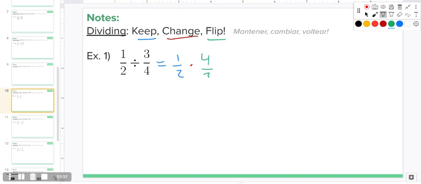So instead of 3/4, it becomes 4/3. Once that's done, we can just multiply straight across like we did before. We'll have 1 times 4 up top, divided by 2 times 3 will give us 4/6. And we can break that down into simplest form further and know that that will equal 2/3 is our final answer.